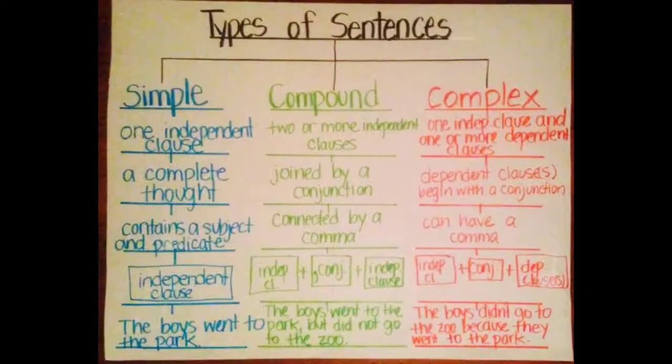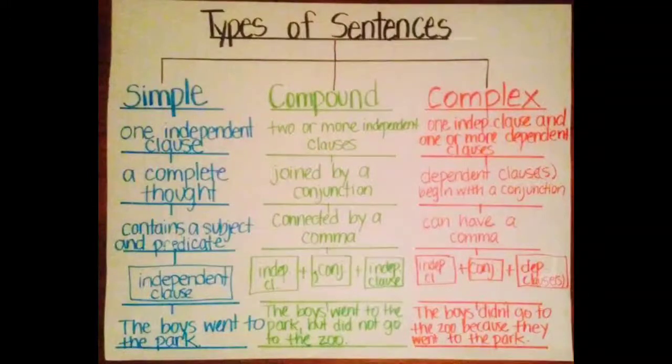In a compound sentence, there are two or more independent clauses joined by a coordinating conjunction, connected by a comma. So: independent clause, comma, conjunction, independent clause. For example, the boys went to the park, but did not go to the zoo. Here we can see two independent clauses connected by a coordinating conjunction and a comma. So this is known as a compound sentence, children.